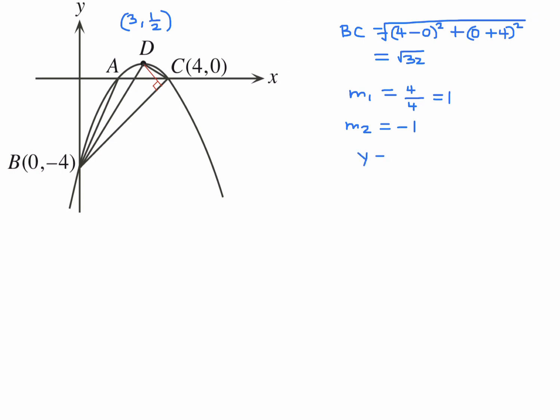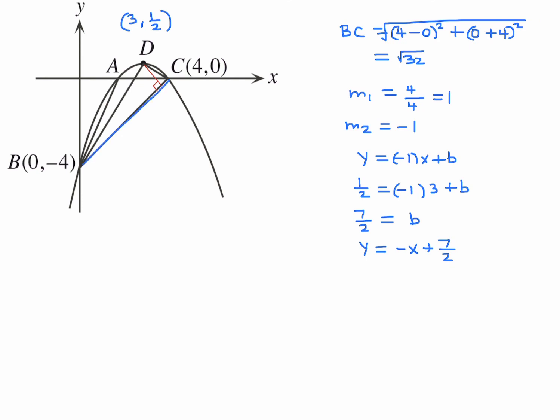So that line will have an equation of the form y is equal to minus 1x plus b, this line right here. And then to figure out b, I can just substitute in 1 point. So a half is equal to minus 1 times 3 plus b, and therefore b is equal to 3 plus a half, which is 7 over 2. So that allows me to figure out the equation, which is y is equal to minus x plus 7 over 2.